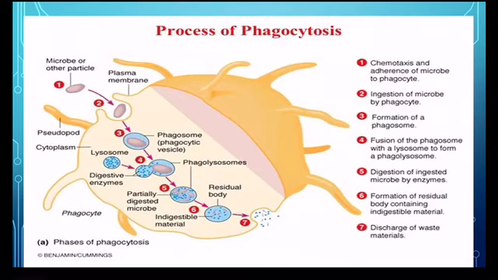It includes steps: the first is chemotaxis, the second is ingestion, the third is the formation of phagosome, and the fourth is the phagolysosome formation and digestion, followed by exocytosis. So here let me explain this mechanism through different steps.